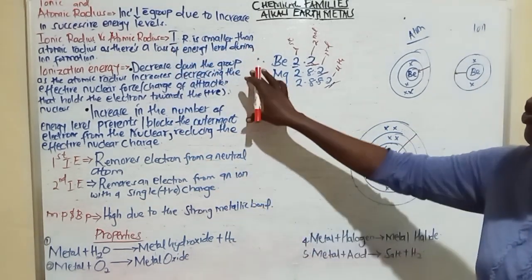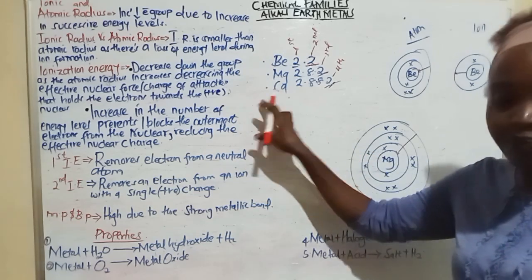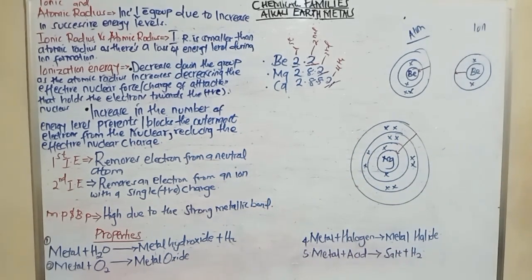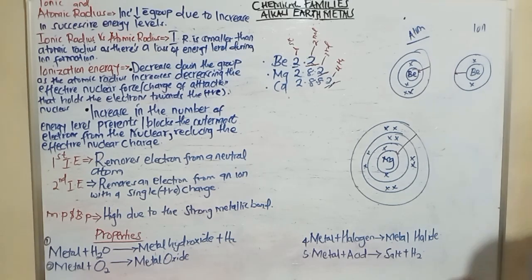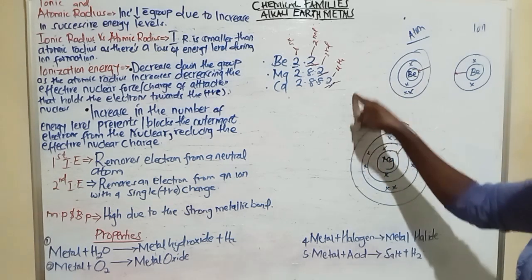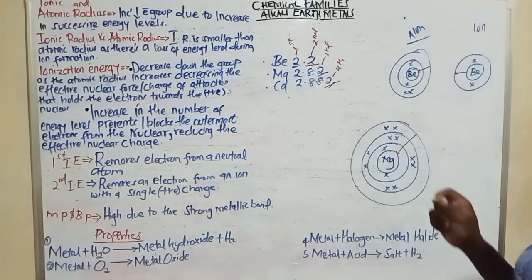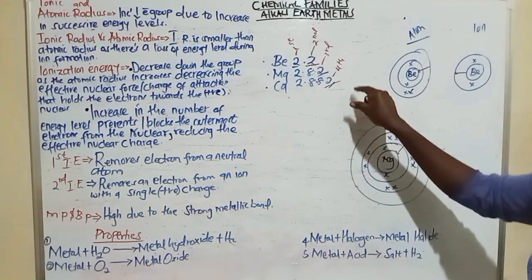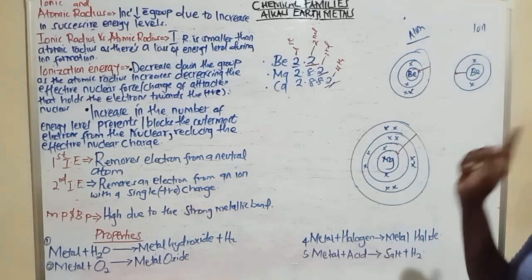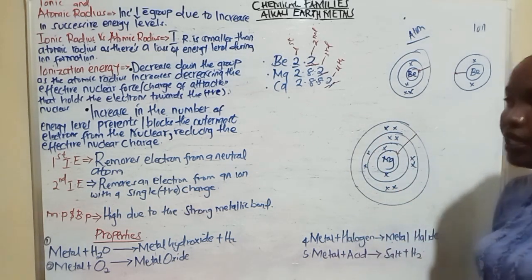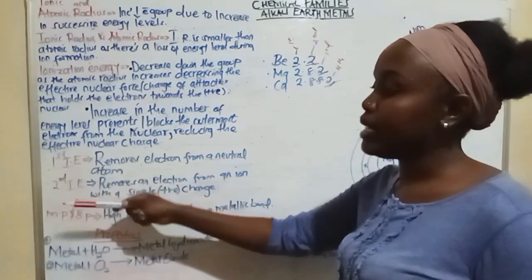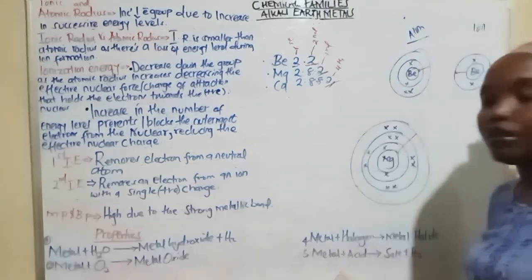Now let us go to ionization energy. Now what is ionization energy? We say this is the minimum energy required to remove electrons from the outermost energy level of an atom in its gaseous state. Now these elements lose the 2 electrons in order to attain stability, meaning we are going to have the first ionization energy and the second ionization energy.